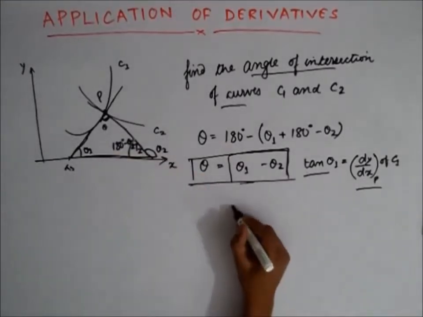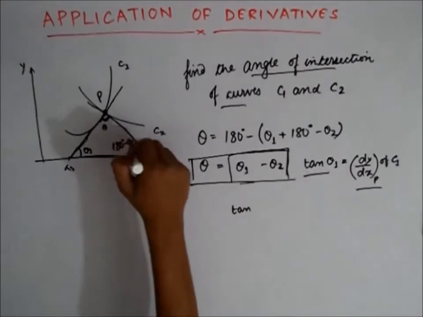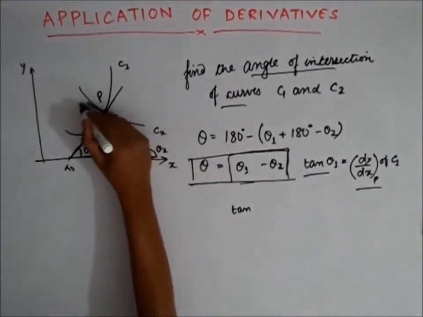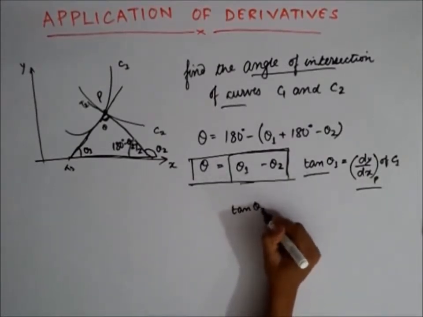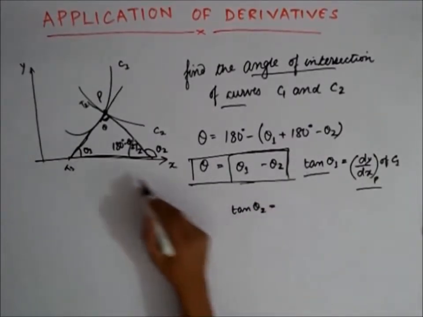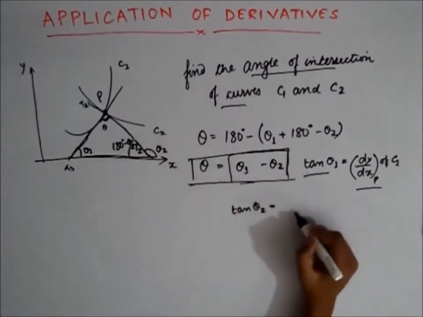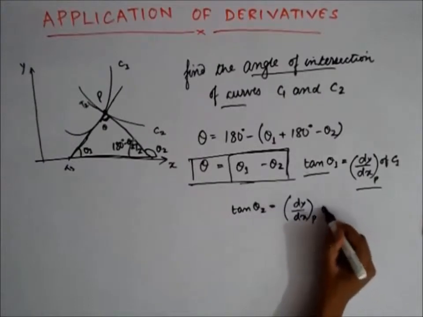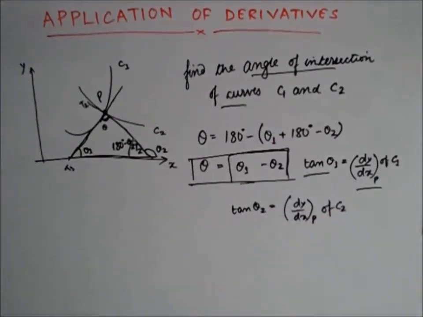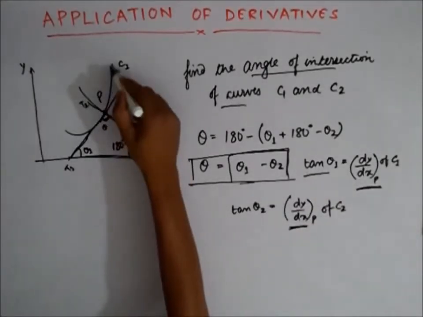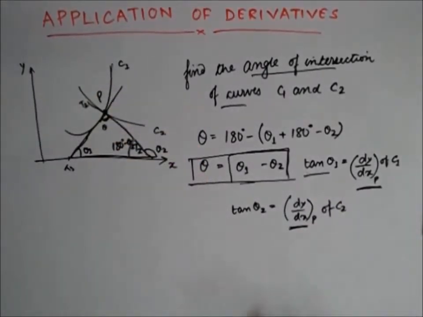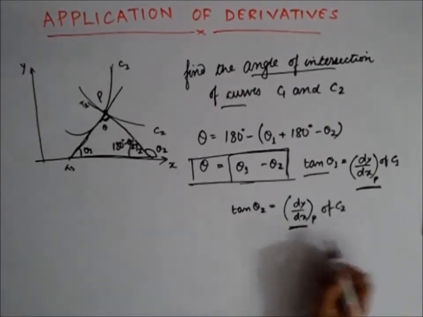Similarly, the slope of tangent T2 is tan of theta 2. To find that, again I need to find the derivative of y with respect to x at point P of curve C2. Now these two values can be found if I know the equations of curves C1 and C2.